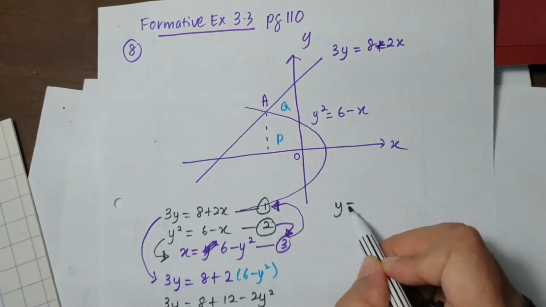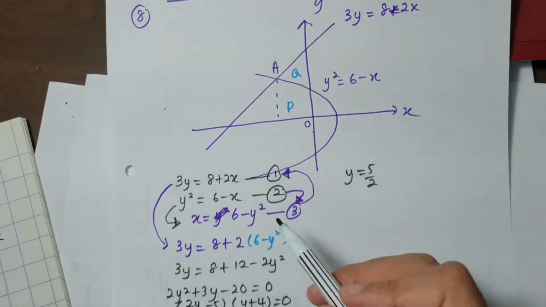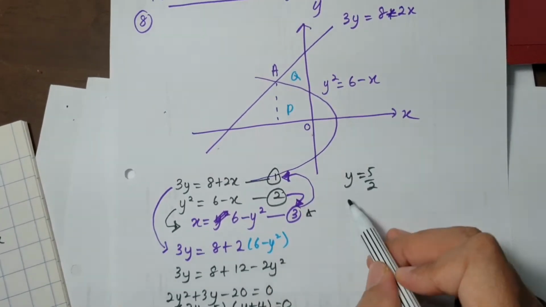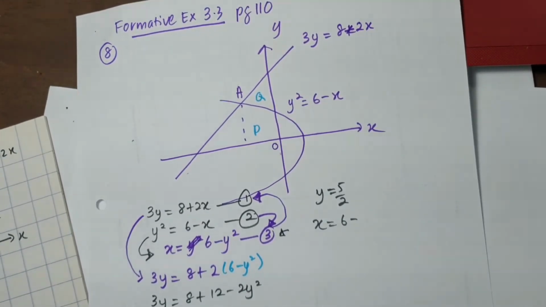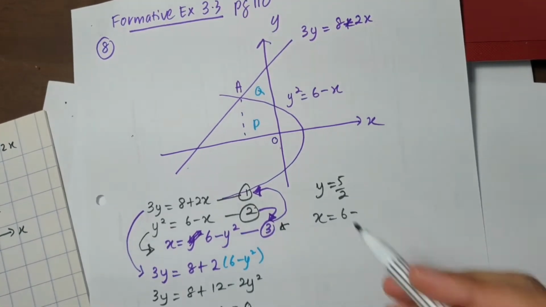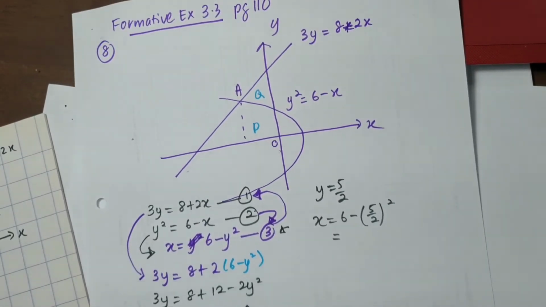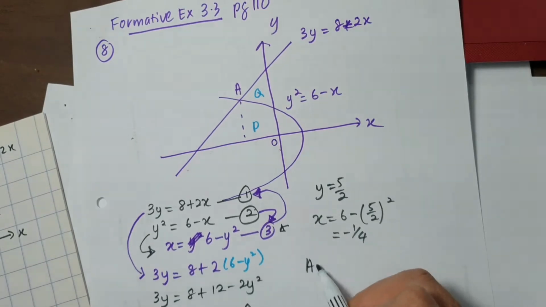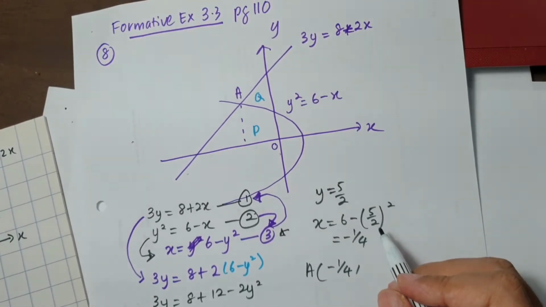So if y is 5 over 2, let's see what the x coordinate is. Substitute into this equation, because there x is your subject: 6 minus y squared. Your y right now is 5 over 2. Square, press your calculator, negative 1 over 4. So the point A is: x is negative 1 over 4, y is 5 over 2.